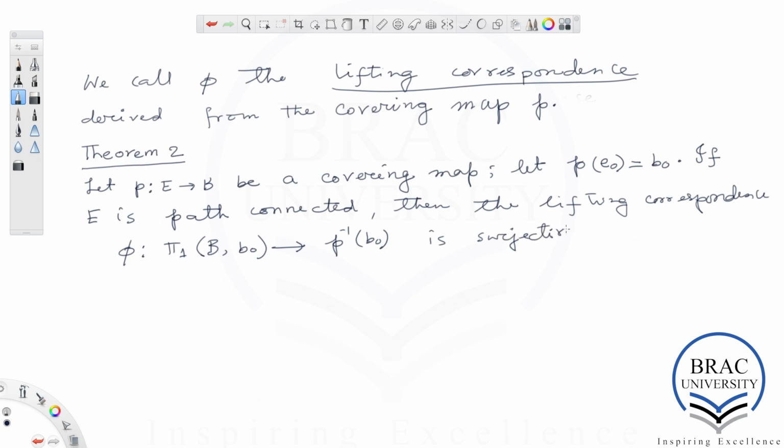So we want to show that the lifting correspondence is a surjective map in case E is path connected. If E is simply connected, then this map, the lifting correspondence, is bijective. Okay, so this is the statement of theorem 2.